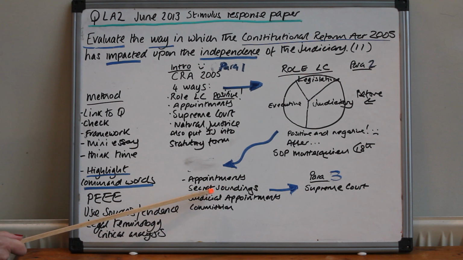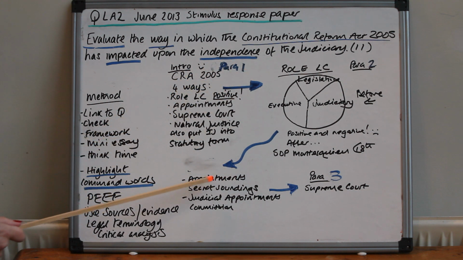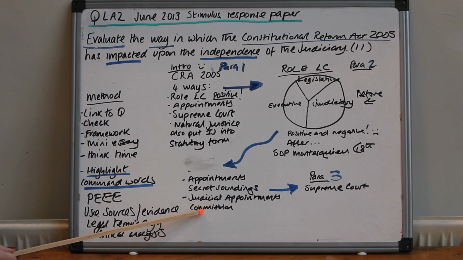So you had people employed as judges in a very closed way, which of course goes against our democratic system. If we look at it in relation to the question, independence of the judiciary, perhaps there was too much independence and it wasn't an open system. So now, since the Constitutional Reform Act, we have the Judicial Appointments Commission, which has taken over the role of the Lord Chancellor in actually appointing judges.